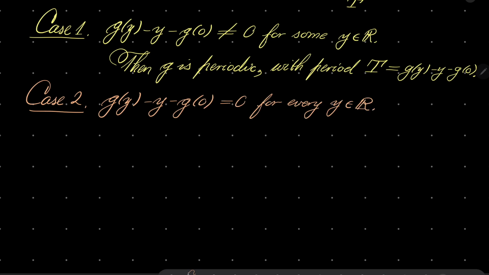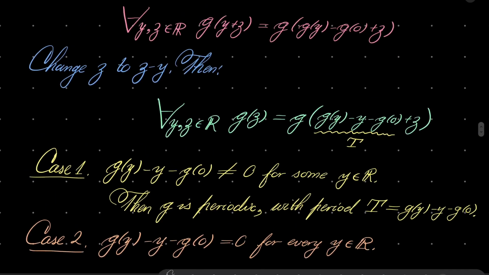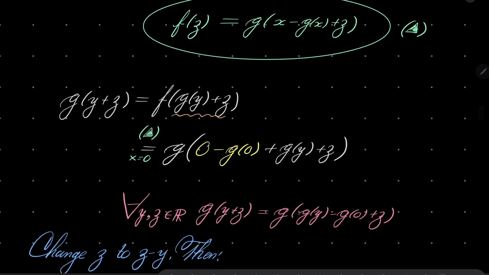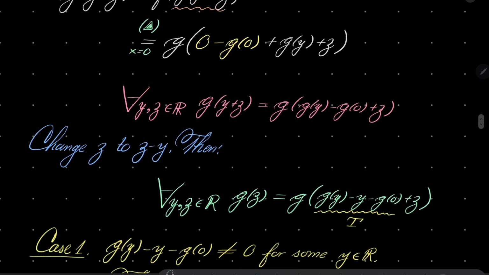Now we should be able somehow to show that our function f is the identity function. How can we do it? Where is some equation for f? Oh, here it is: f(z) equals g(x) minus g(x + z). Let's use it.